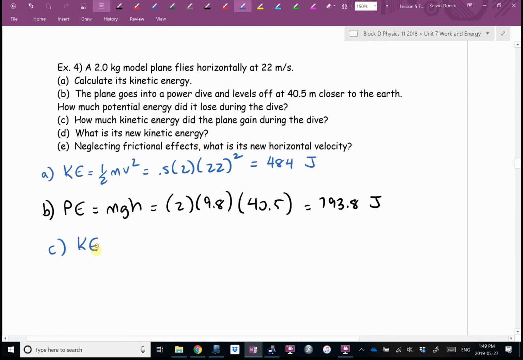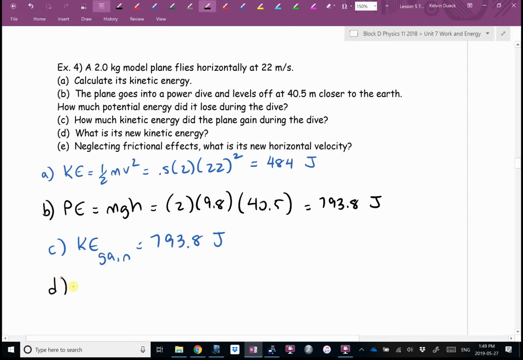The plane gained 793.8 joules. Now we're ignoring air resistance. In real life, it would have lost a little bit of energy to air resistance and to sound, but we're in our magic physics world trying to make the numbers work out nice, so we're okay. This is what the law of conservation of energy says. It says energy can't vanish.